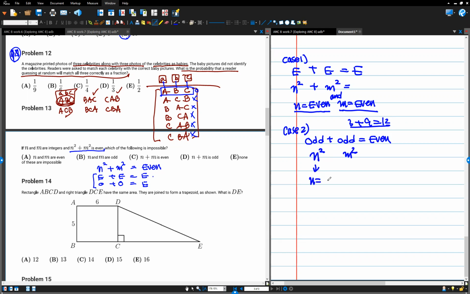N should be an odd number, okay? And M also odd. Together, right? If N is odd, M is odd. Both numbers are even or both are odd.